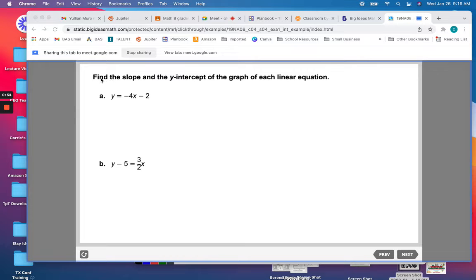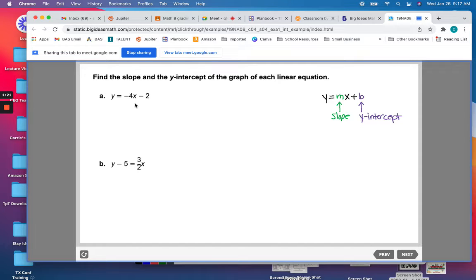To find the slope and y-intercept, the first thing we do is check to see if this is in slope-intercept form. This one is y equals mx plus b. It happens to be a minus b, but it still works. If it's in this form, you just look in the locations where the slope and the y-intercept are, and you'll know the answers.